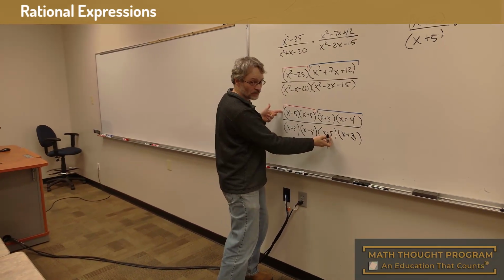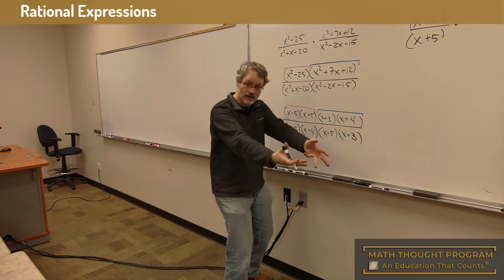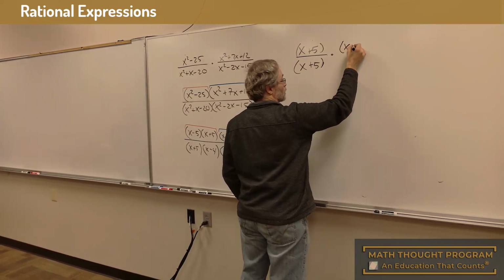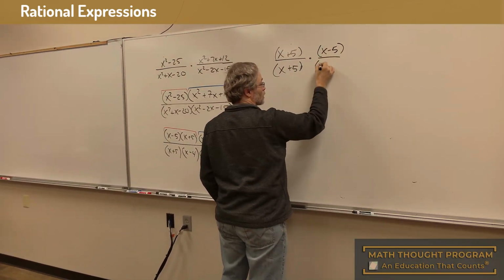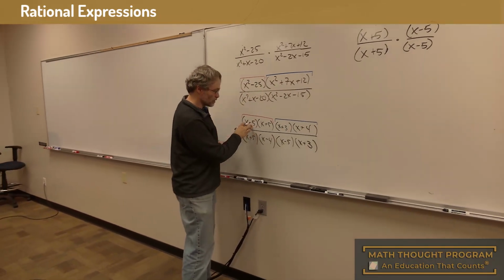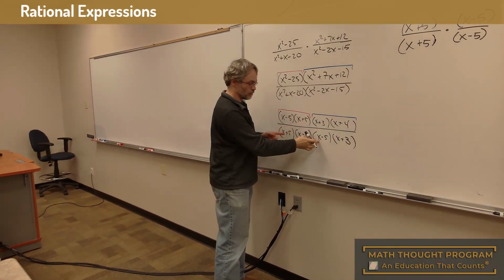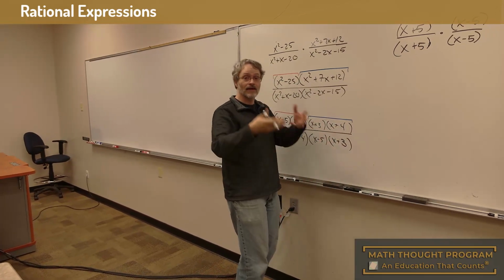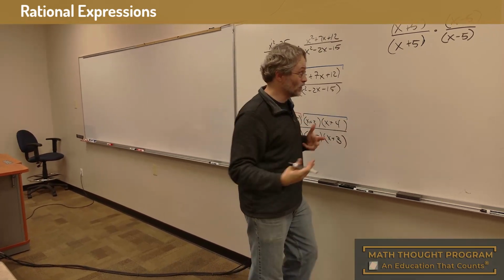I'll say common factor of x minus 5. So I'm going to take that and push that off also. Okay, so that piece is taken care of. Now see there's an x plus 3. So I take that and push that off as well.